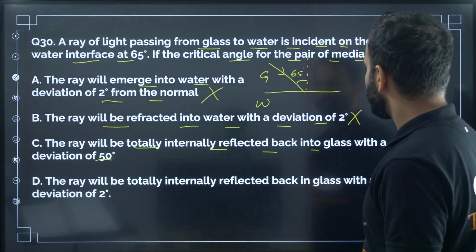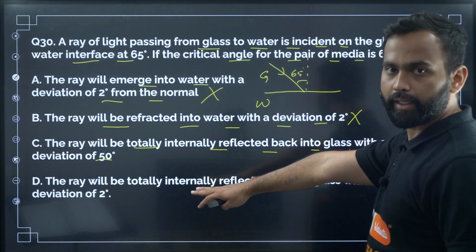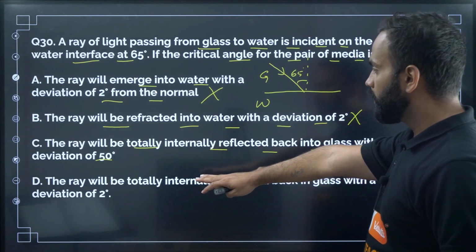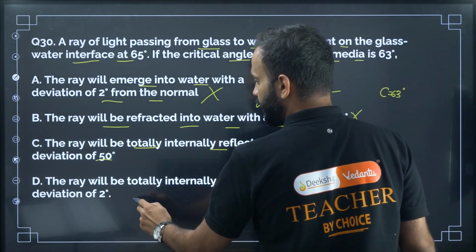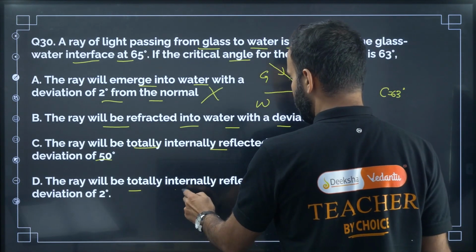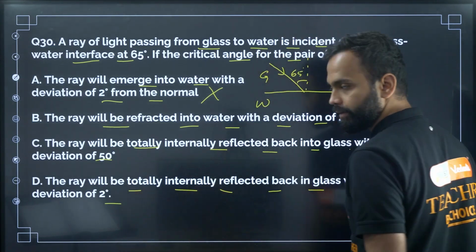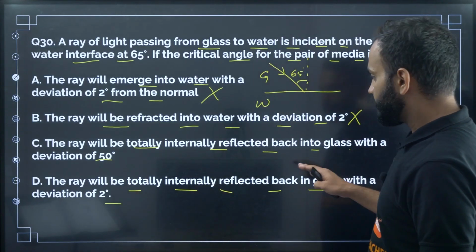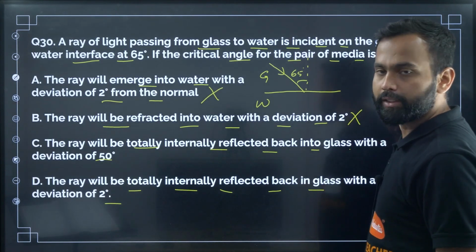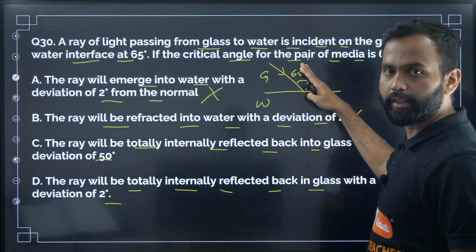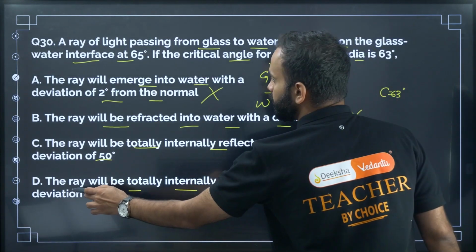Wrong. The angle of deviation is not 50 degree, it must be equal to 2 degree. Option D, the ray will be totally internally reflected back into the glass with a deviation of 2 degree. Here the angle of deviation must be equal to 2 degree, because the critical angle is 63 degree and the angle of incidence is 65 degree. So the deviation will be 2 degree. So the correct option is D.